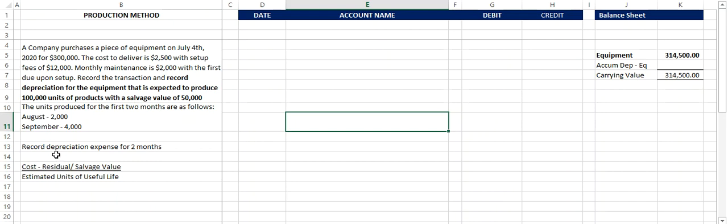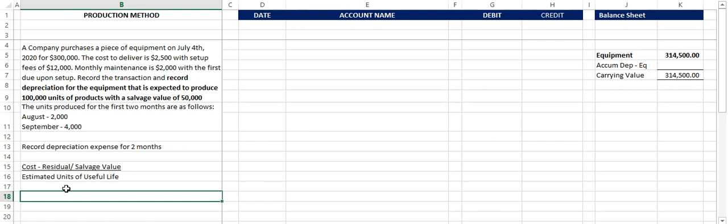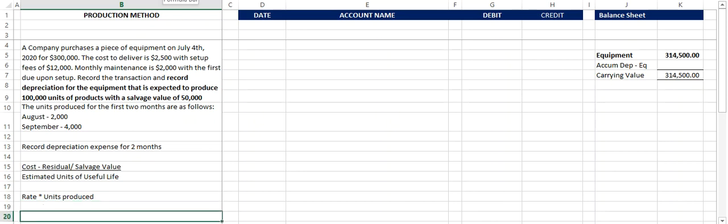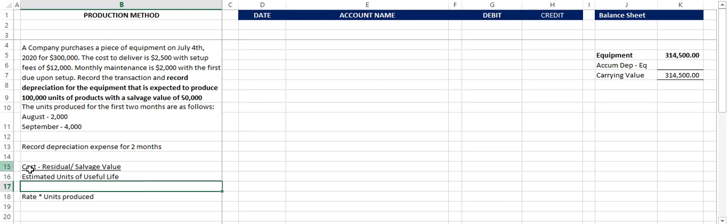And so this is the formula. From this formula, we usually get a rate, and that's the depreciation rate that we're going to use. We take that rate and multiply it by the units produced each month. So I'm going to leave it as units produced. Let's just calculate the rate now using this formula.